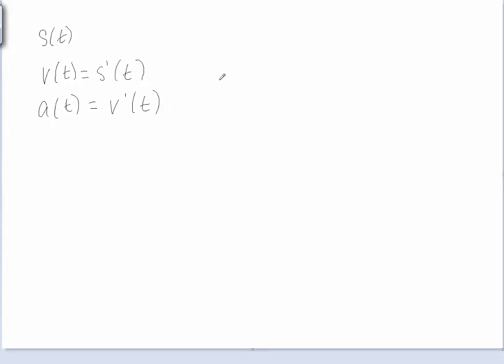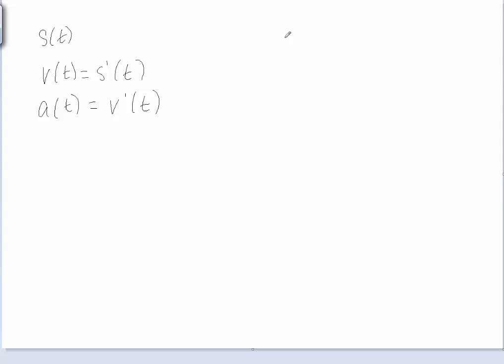We have position function and velocity, the derivative of position. Acceleration is the derivative of velocity. So starting with a given position function, we can find the other two.